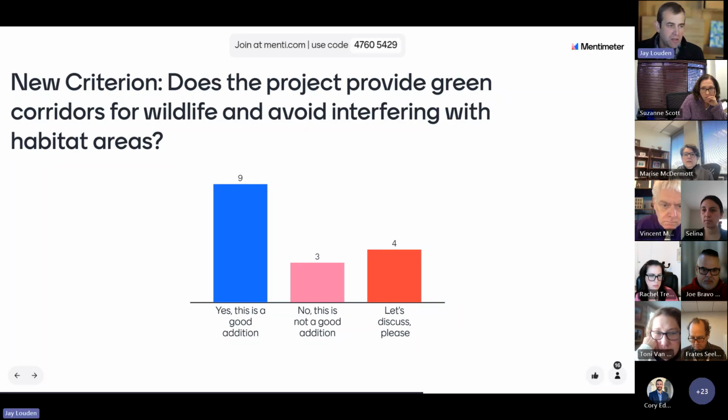Other comments here? Got a couple of changes, I think. Randy's comment, this is a heavily used park in a densely populated area, somewhat untouched land. And then Sarah, obviously we can't decide where the birds go, they do. It's very true.